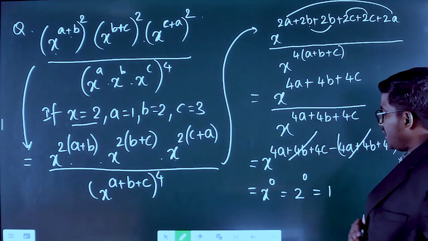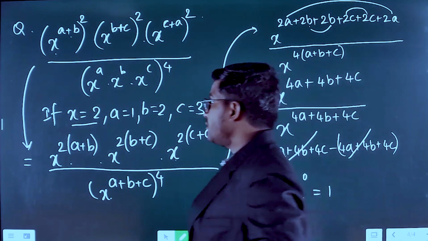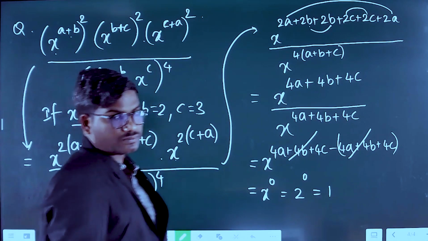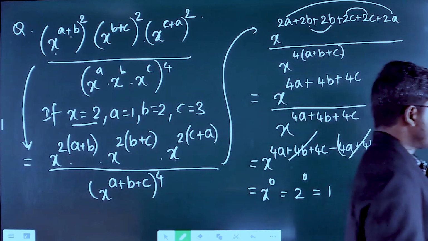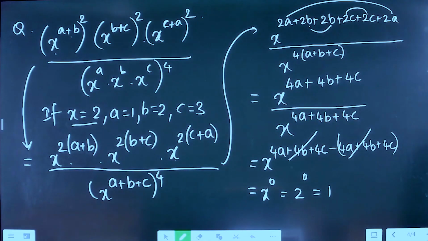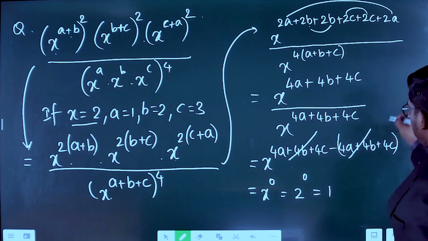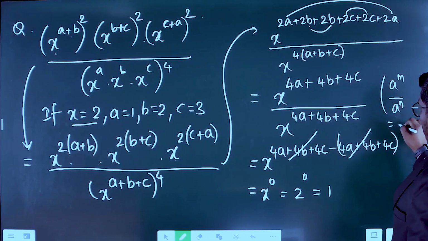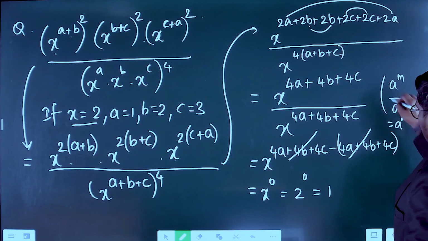So I think it further simplified. I got a minus because a power m by a power n is equal to a power m minus n.